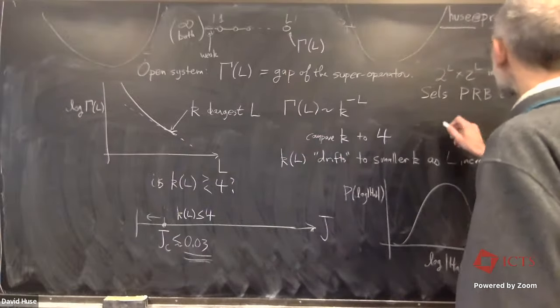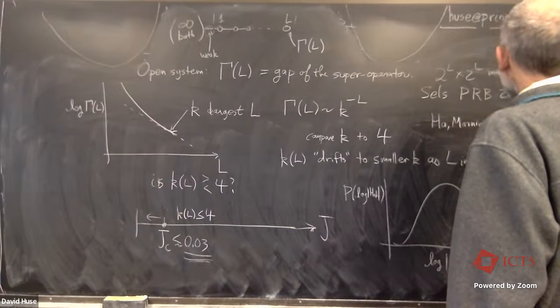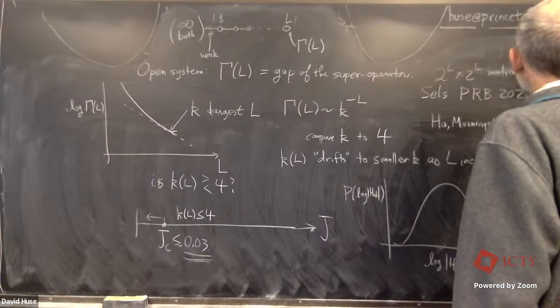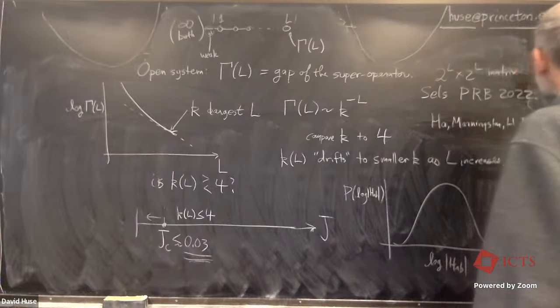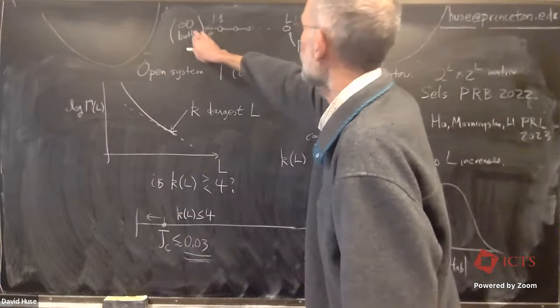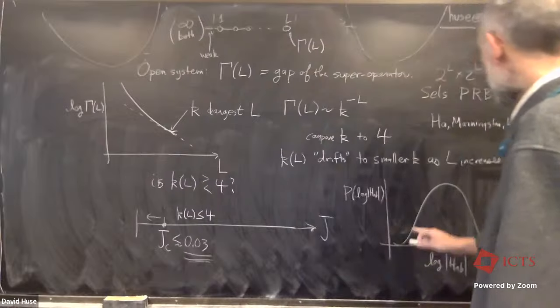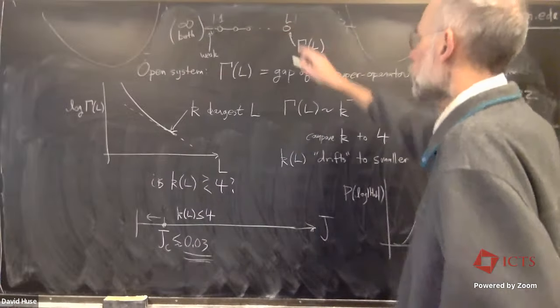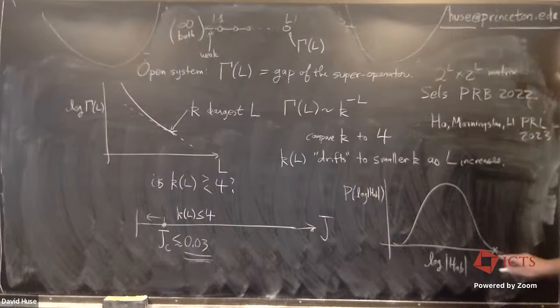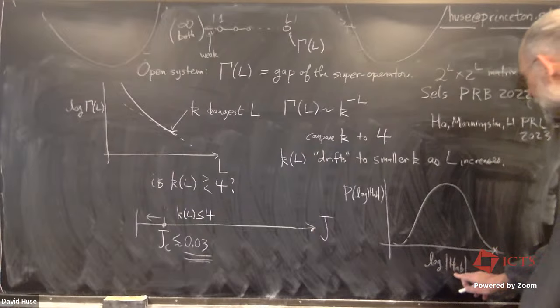So that's a different set of numerics. So I have a paper, Morningstar, Huse, last year. If you ask, how does the avalanche move? You can do an analysis here and actually start an avalanche with this math and watch it go. You find it goes through rare near resonances, which are the things way out in the extreme tail of the distribution over here, which have extremely strong couplings in the near resonance.